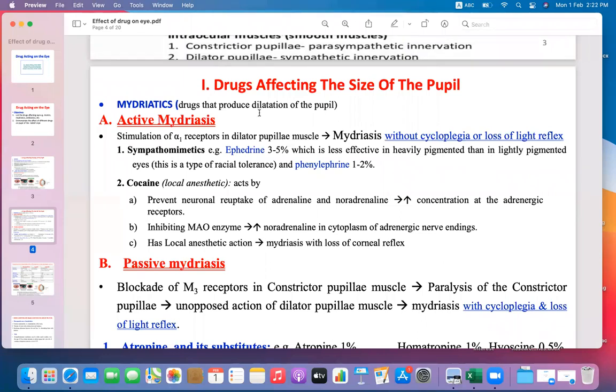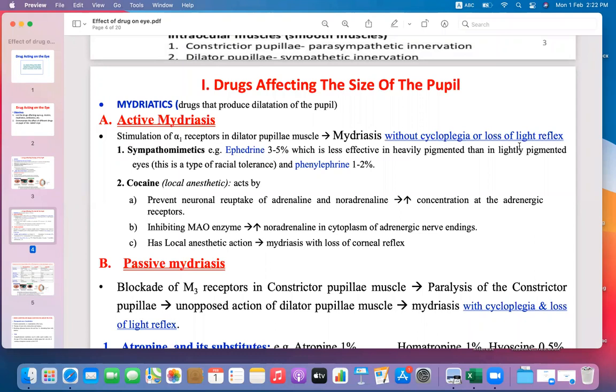So when there is mydriasis by a sympathomimetic, the pupil size will increase without cycloplegia, without paralysis of the ciliary muscle, and without loss of light reflex. Remember, the light reflex will not be lost, meaning upon the light stimulus, the eyelid will close.